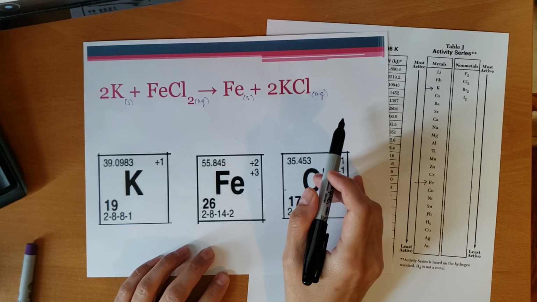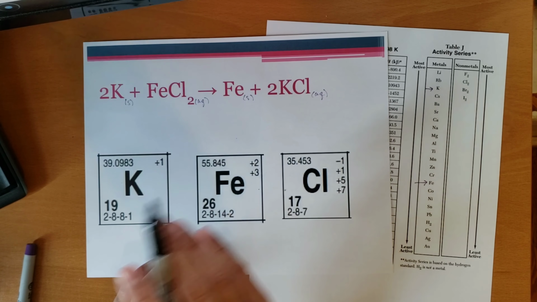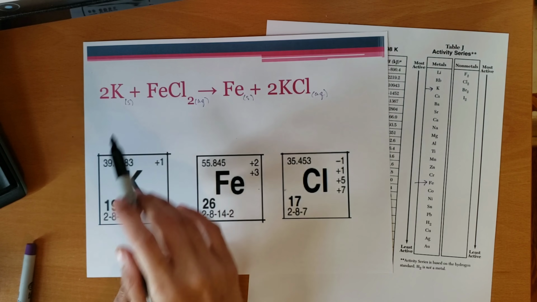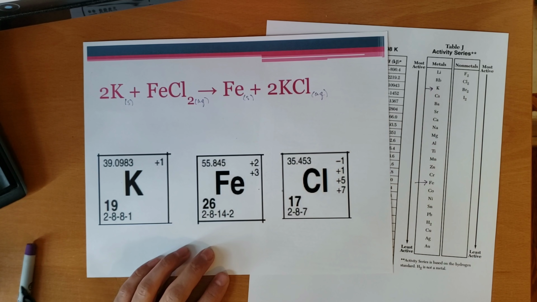Because systems in nature are spontaneous when they have higher entropy or disorder and lower energy. So when we look for the disorder, it is staying the same because we have one solid and one aqueous species on each side. So it must be spontaneous because it has lower energy, meaning it's exothermic.